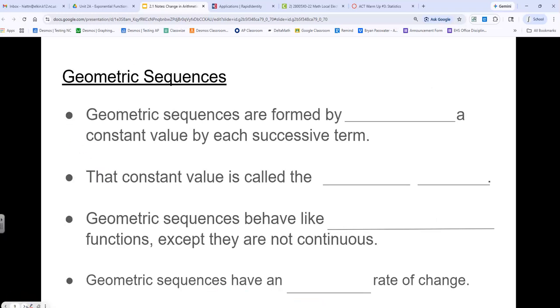Let's talk about some geometric sequences. Geometric sequences are formed by multiplying a constant value by each successive term. The constant value that's being multiplied is called the common ratio.